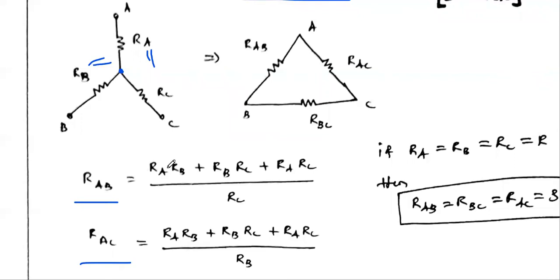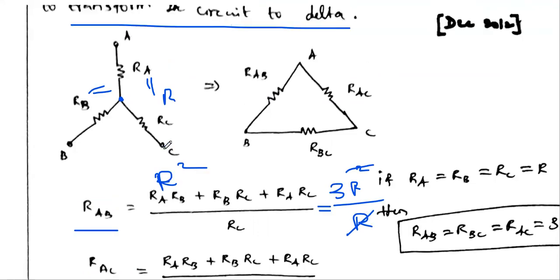In this formula you just substitute: if RA, RB, RC are all equal to R, then RARB you write as R squared. This is also R squared, this is also R squared. So in the numerator 3R squared, divided by RC, which is also R. So this R cancels. What is the remaining answer we get? 3R.